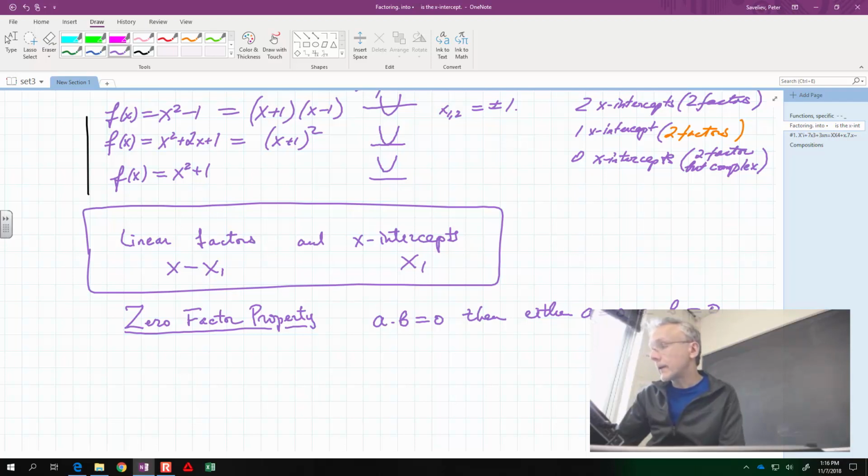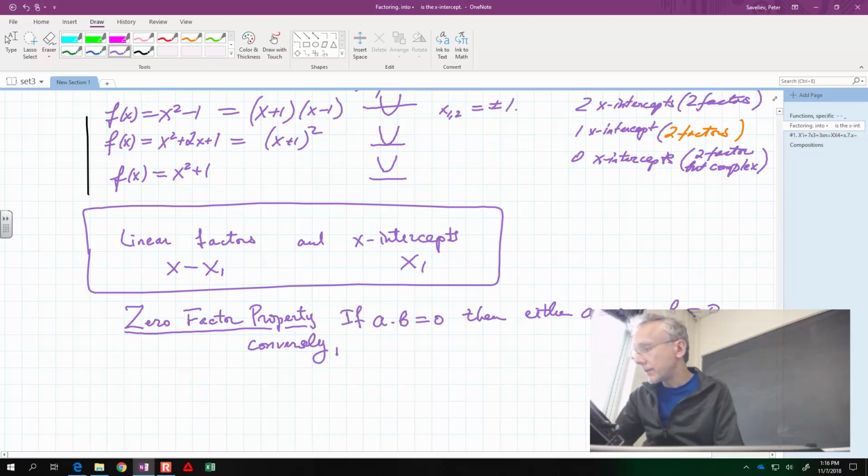Okay, so it's something that we know from early on. And there's a converse too: if a is equal to 0 or b is equal to 0, then a times b is equal to 0. Okay, so that's the zero factor property.